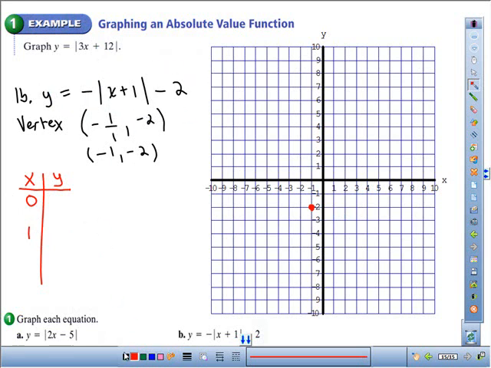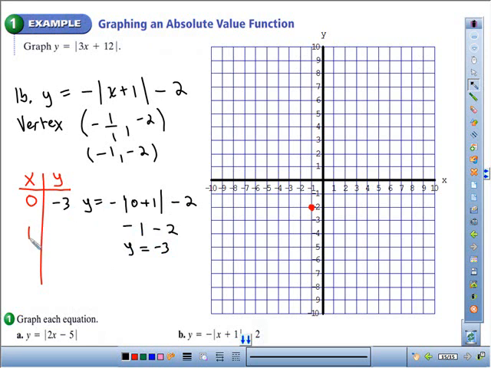So what I'm going to do next, I'm going to plug it in our original problem. So I have y is equal to negative absolute value of 0 plus 1, minus 2. So simplify this, follow the order of operations. 0 plus 1 is 1, the absolute value of 1 is 1, and then you have the negative in front, so it becomes negative, then you have minus 2, so y is going to equal -3.